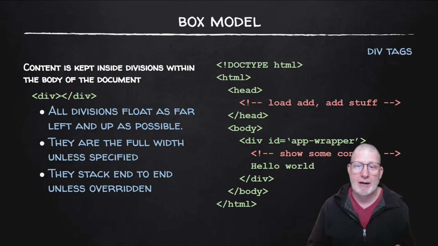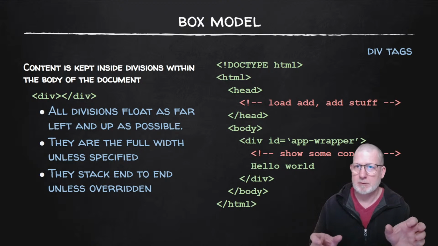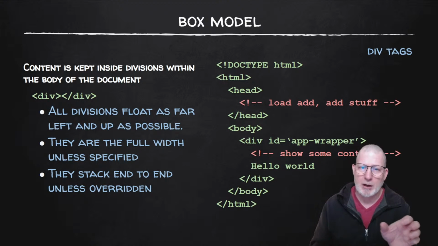And we can override this, but that's the default. Unless you specify the width of something, it will consume the full width of the browser. So the content might be smaller, and the actual div might be smaller, but nothing will go beside it when you're using that block level orientation. They stack top to bottom.